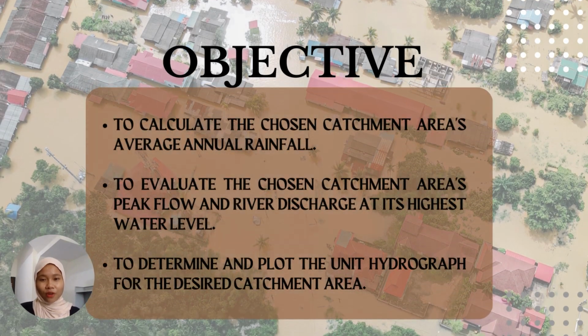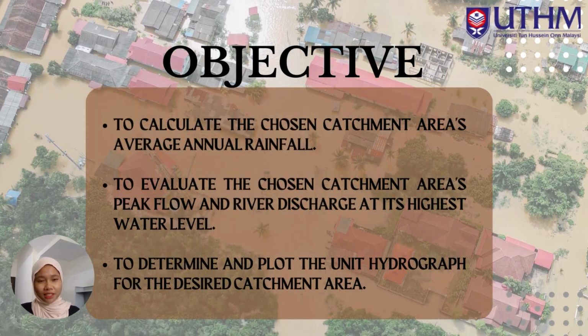The objectives of our project are, first, to calculate the chosen catchment area's average annual rainfall. Second, to evaluate the chosen catchment area's peak flow and river discharge at its highest water level. And third, to determine and plot the unit hydrograph for the desired catchment area.